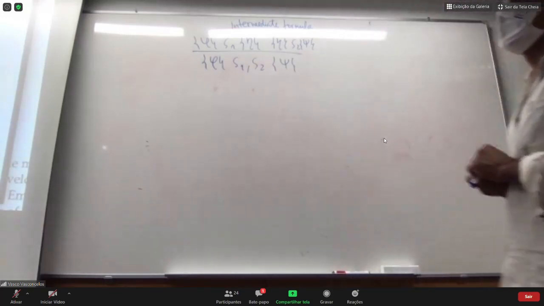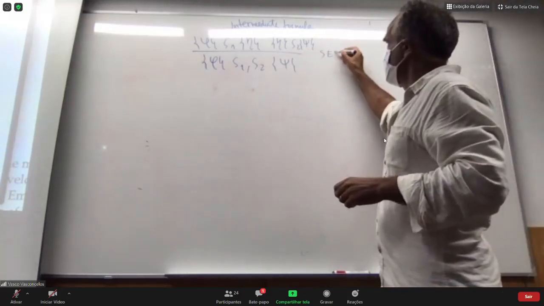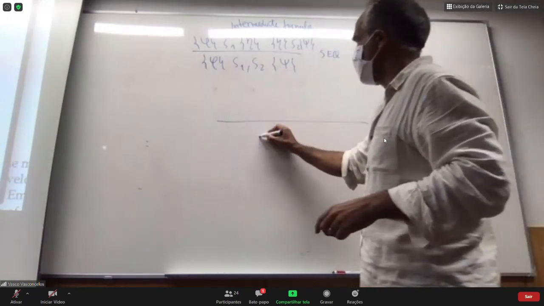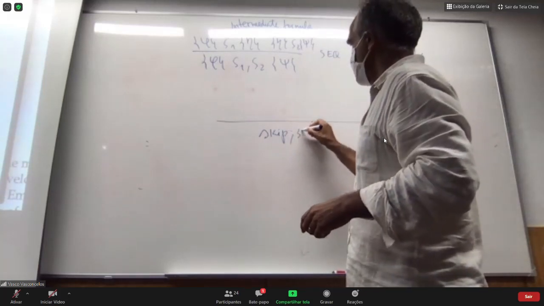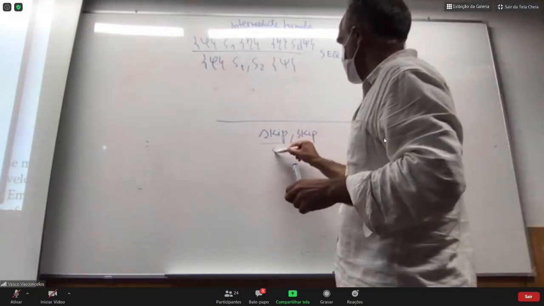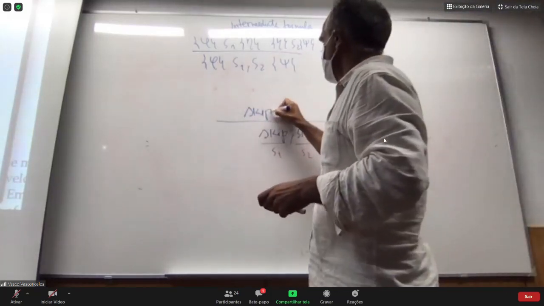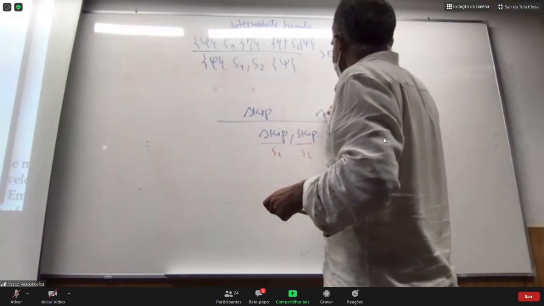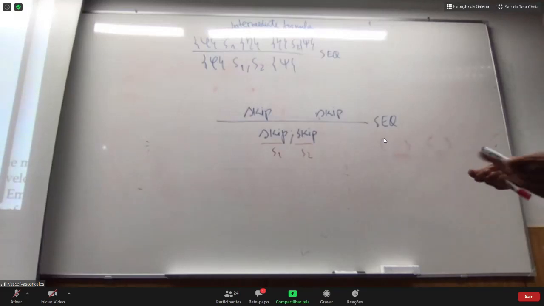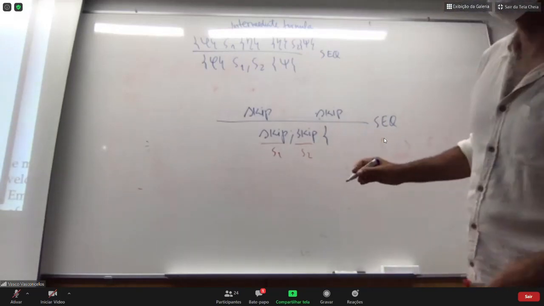So this is the sequence rule. In our case, we have a sequence rule here because we have a semicolon. We have skip, semicolon, skip. This is S1, this is S2. Here we have skip, and here we also have skip. Here you can write the conclusion, the postcondition, which is that x is equal to 5.